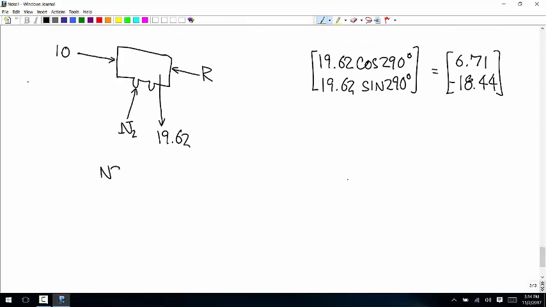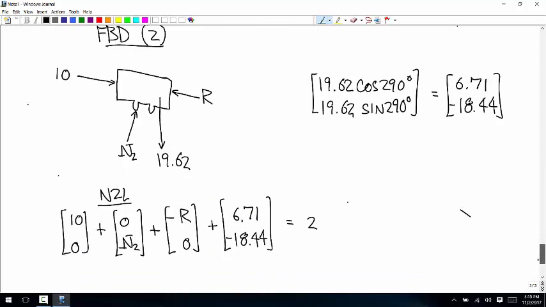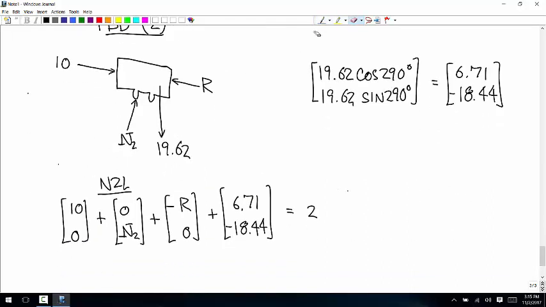Negative 18.44. Okay, so Newton's second law says 10, 0 plus 0, N2 plus negative R, 0 plus 6.71, negative 18.44 is equal to 2 times the acceleration, which is negative 0.644, 0.